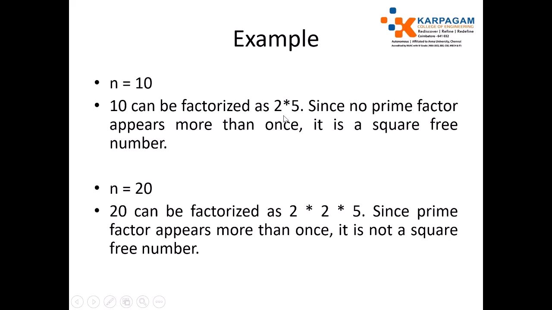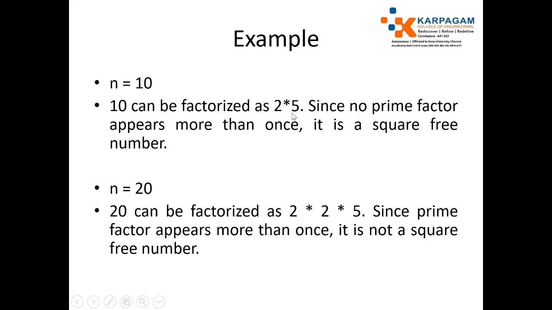While factoring, if a prime factor appears more than once, just say that it is not a square free number. If it does not occur more than one time, just mention that it is a square free number.